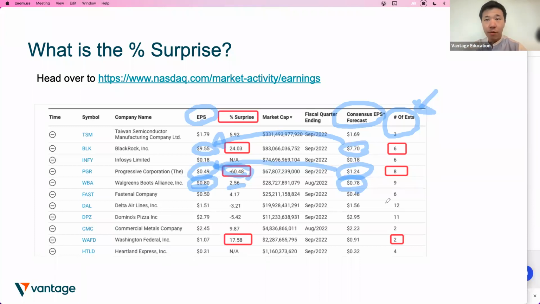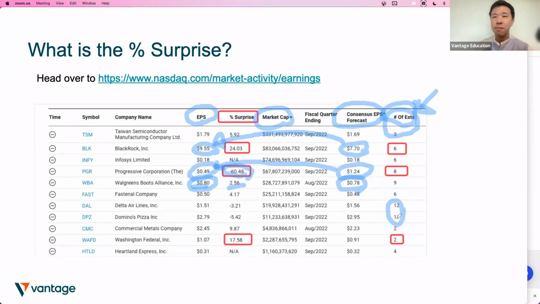But I do want to let you know one more important thing: number of estimates. We want to ideally look not only at the number of estimates, but also the market cap. The more estimates there are, the more accurate essentially the EPS forecast, and the more people will be looking at it.